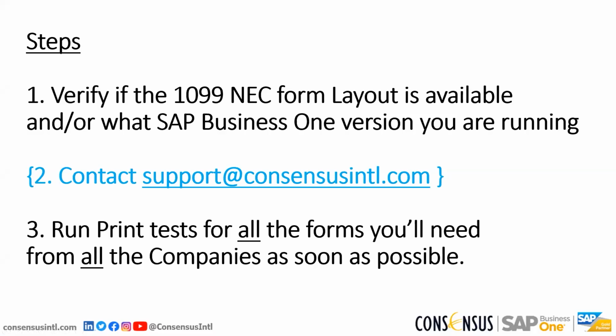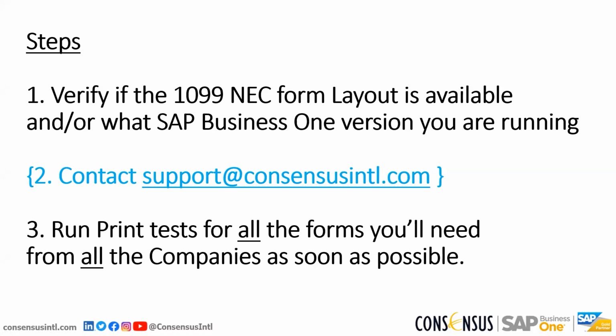So a final summary of the steps we are asking you to make after seeing this session is: first, verify if the 1099 non-employee compensation form layout is available for you on the SAP Business One version that you are running, or verify which version you are running so that we know if the layout is available.